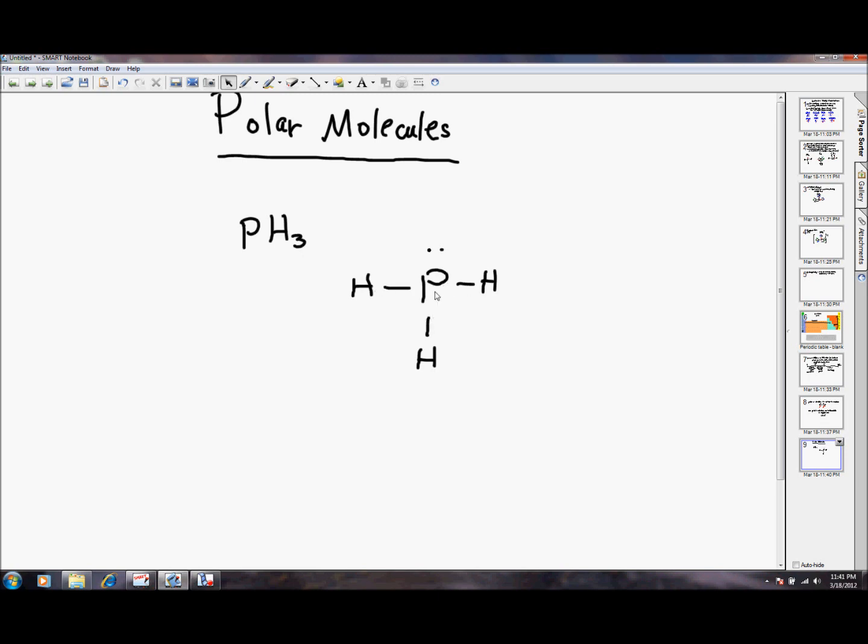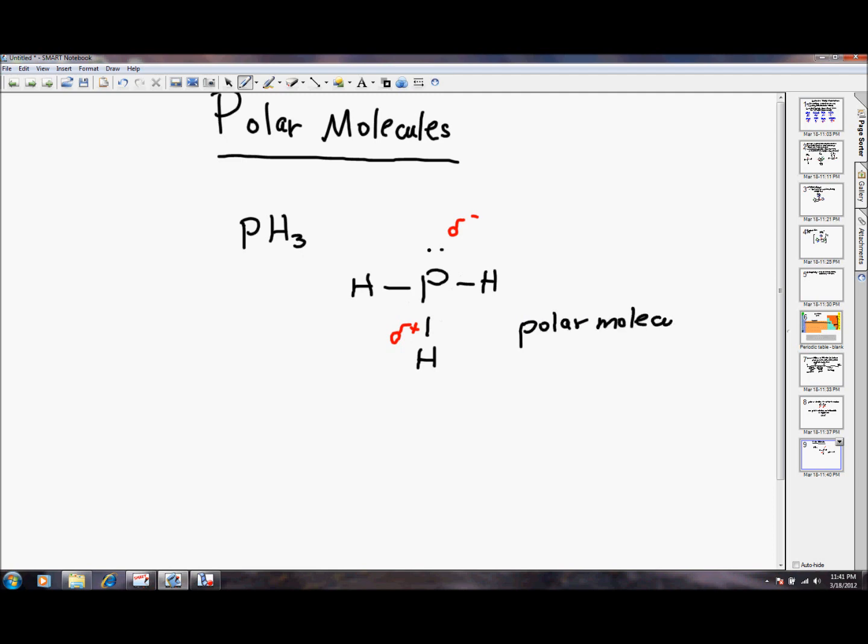It's not a huge difference between the P and the H. But if you look over here, there's this electron pair on the phosphorus, which means that even though there are other electrons here that are being shared relatively evenly, there's this whole region with this unshared pair of electrons. That means that this molecule actually has a partially negative end, and anywhere else would be considered partially positive because there's more electrons over here. So this is called a polar molecule.